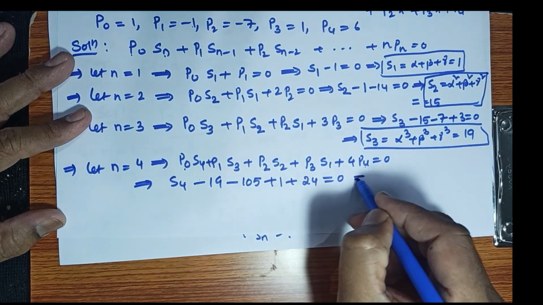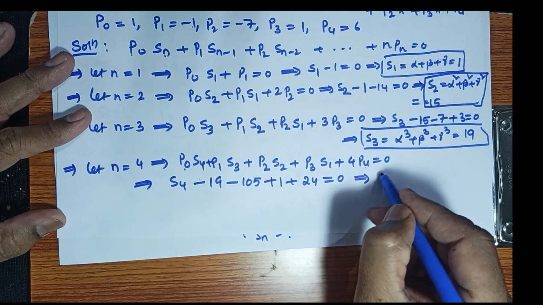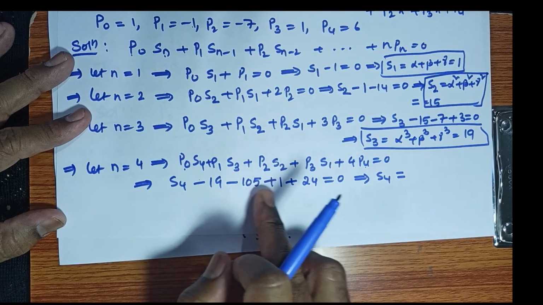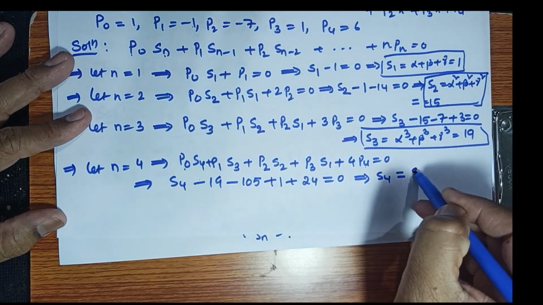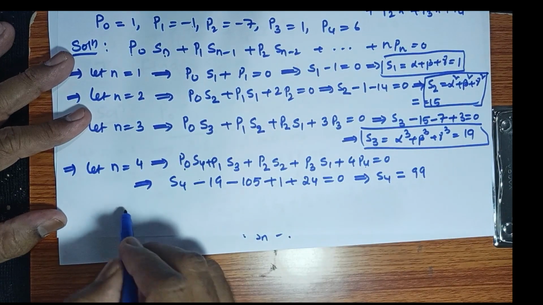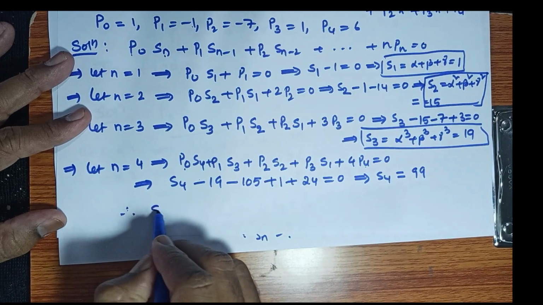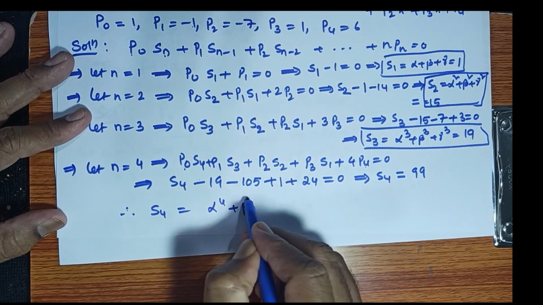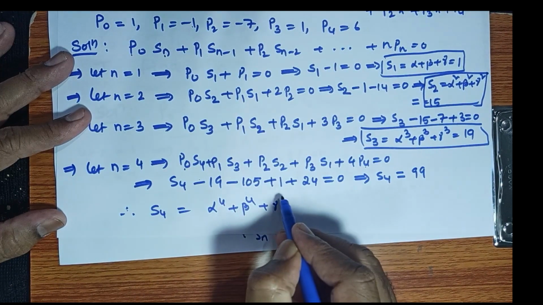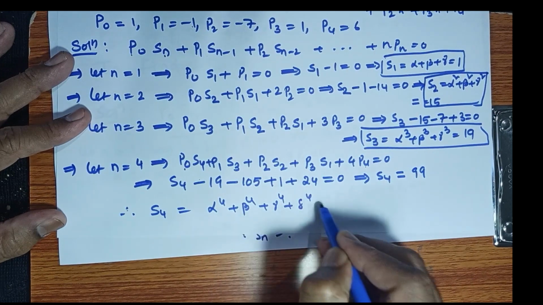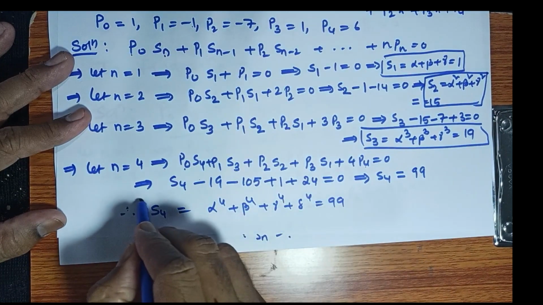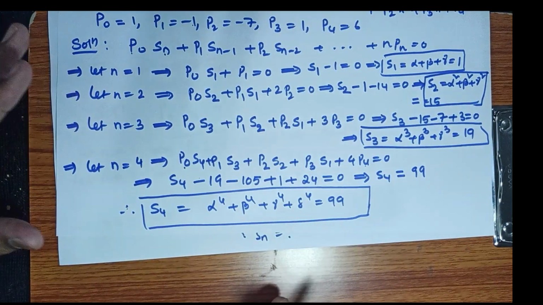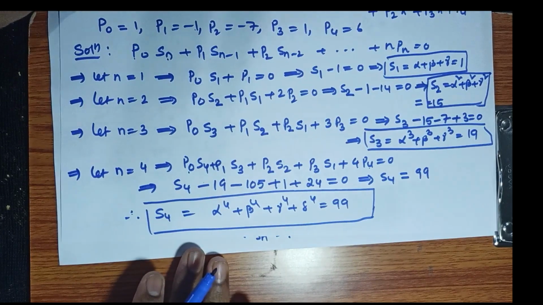So S4 is 24 plus 19 plus 105 minus 1, it is 99. So finally S4 is equal to alpha power 4 plus beta power 4 plus gamma power 4 plus delta power 4 is equal to 99. So this is the solution of this equation. We can find it like this.